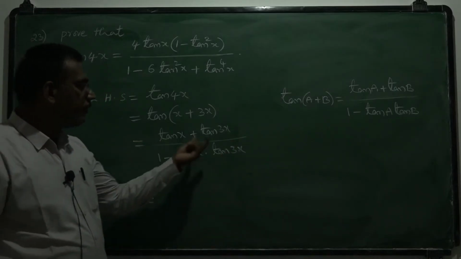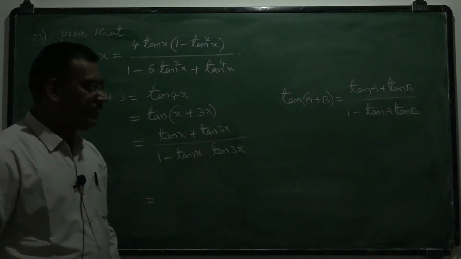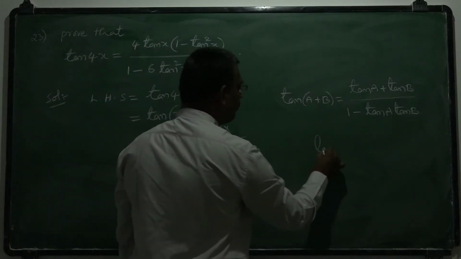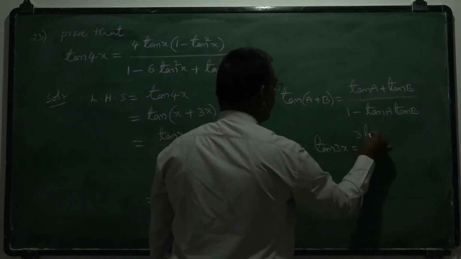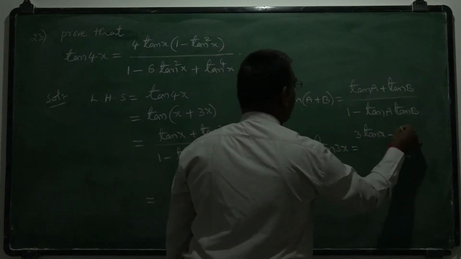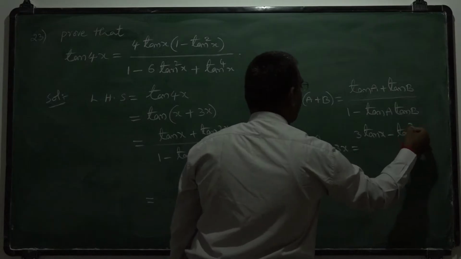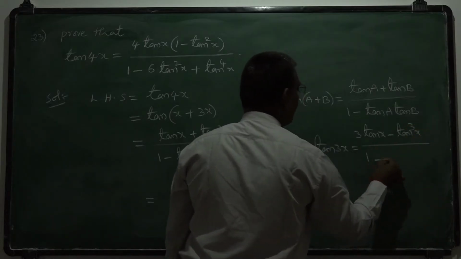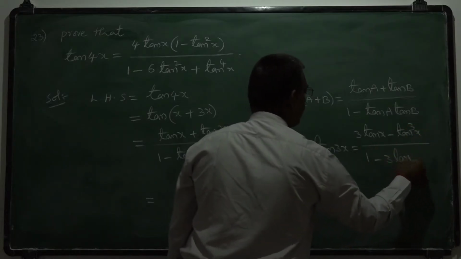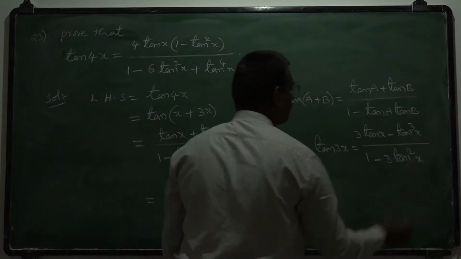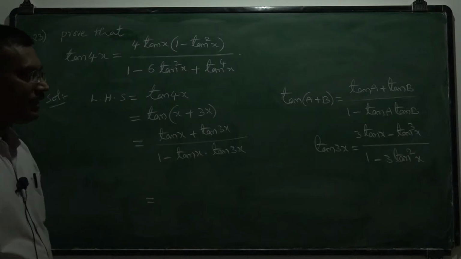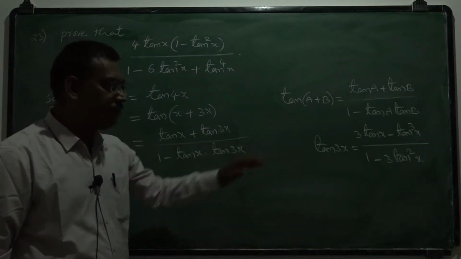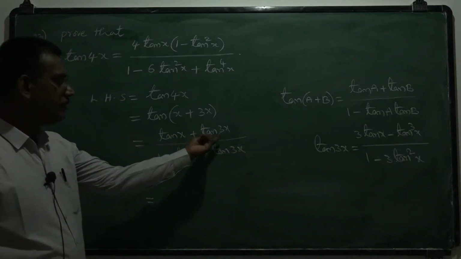So we know the formula of tan 3x. Tan 3x will be equal to 3 tan x minus tan cube x by 1 minus 3 tan square x. So substitute here.